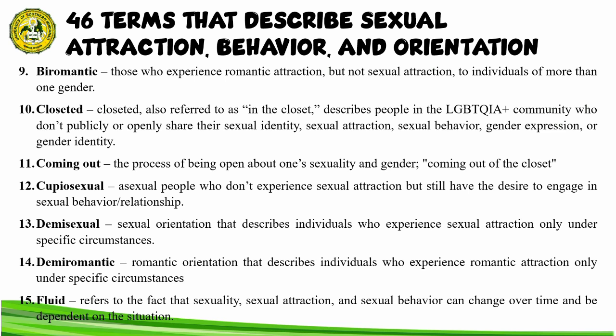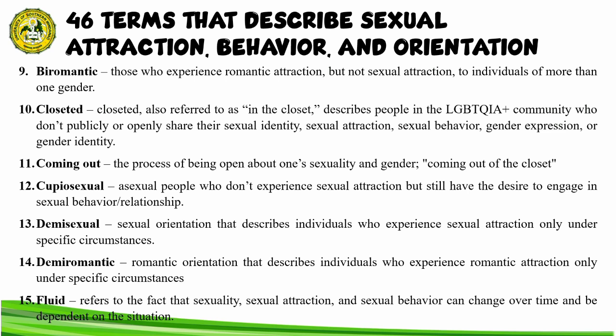This means that they may want to have sex or be in a romantic relationship, but they do not find anyone sexually attractive. Cupiosexual people may experience other forms of attraction such as romantic attraction, aesthetic attraction, or sensual attraction. They may also experience sexual arousal, but they do not need to be sexually attracted to someone in order to be aroused.